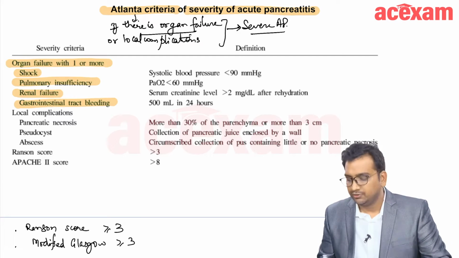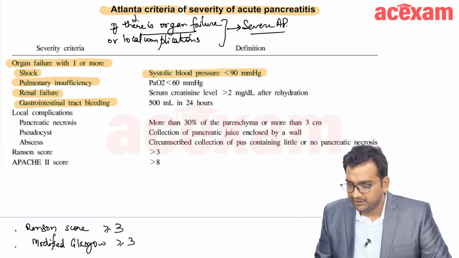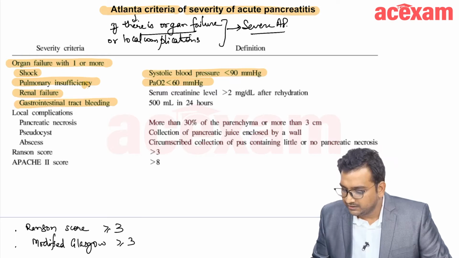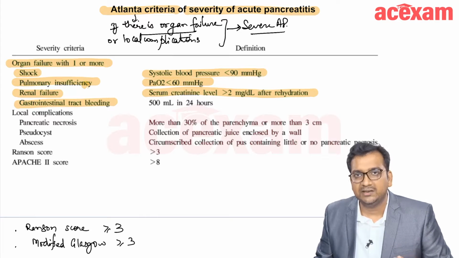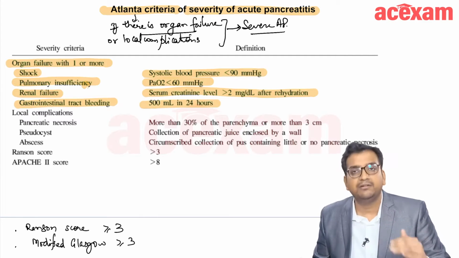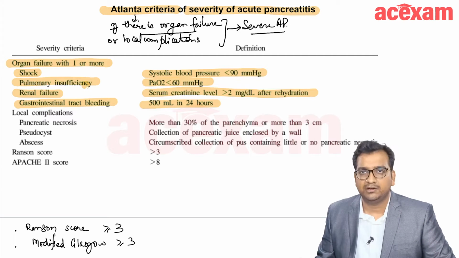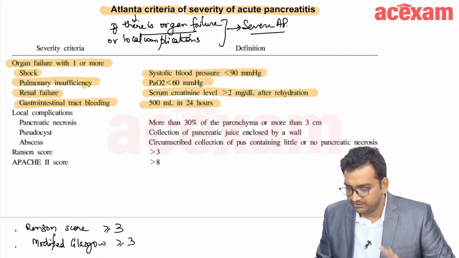Shock is when BP is less than 90, and pulmonary insufficiency is PO2 less than 60. Renal failure is serum creatinine more than 2 even after rehydration. GI bleeding is more than 500 ml blood loss in 24 hours. These indicate organ failure.